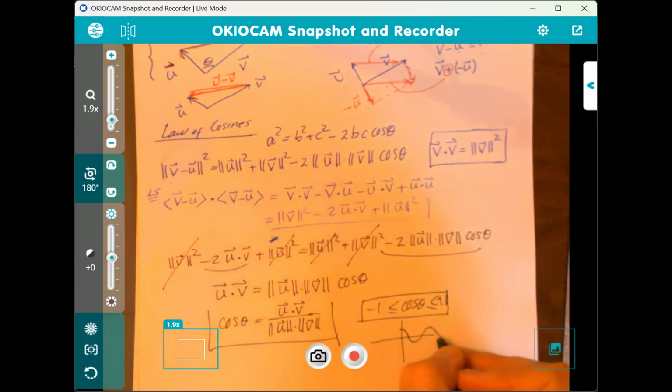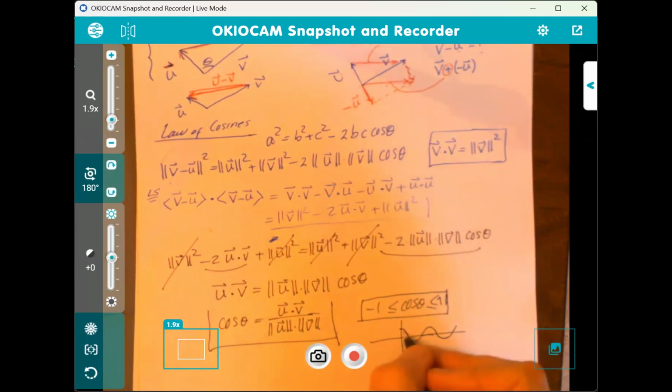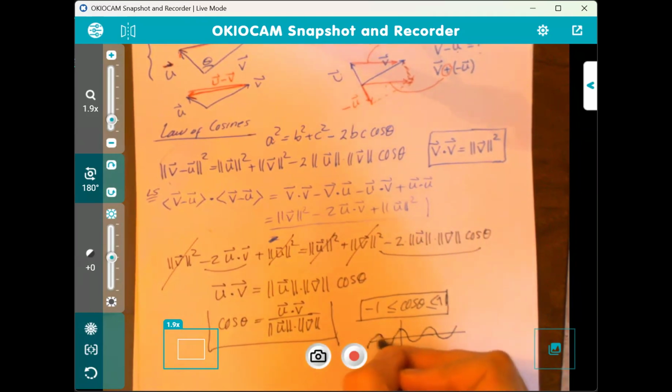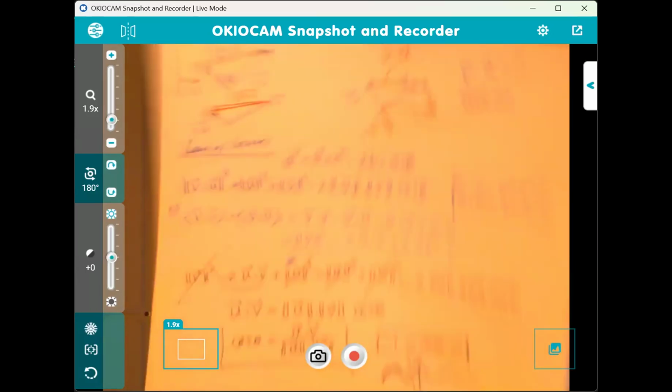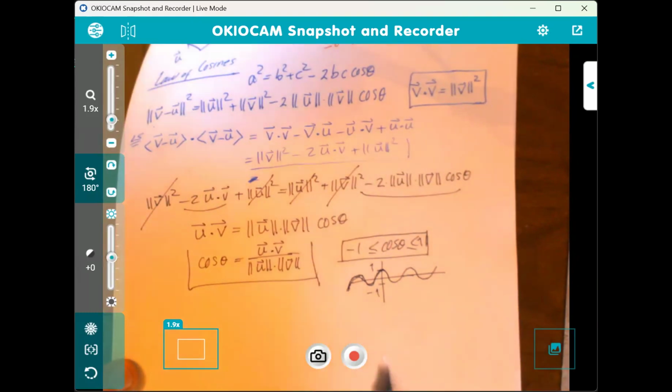So this would be the graph of cosine, for instance. Right? The max is 1, the minimum is -1. And that's what this says. Well, we can show that this expression is going to be between -1 and 1. This expression on the right.